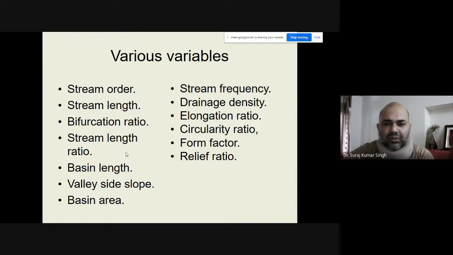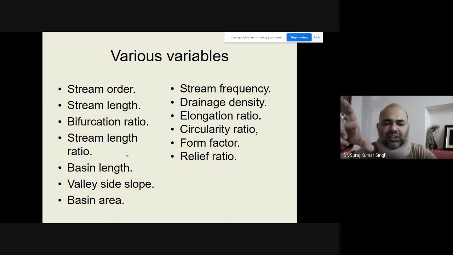What are the variables that are very important to study in drainage morphometric analysis? The first is stream order, which is based on the number of smaller streams connected to the major or main stream. The next variable is stream length, which is the total length of streams, whether they are minor streams, tributaries or the mainstream.